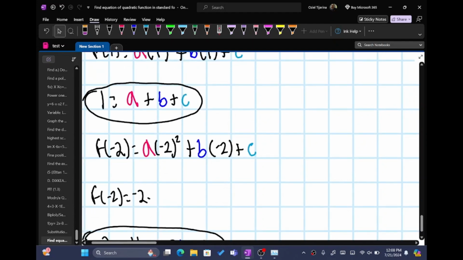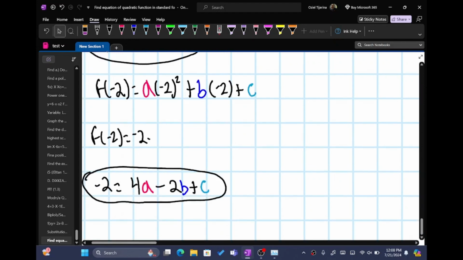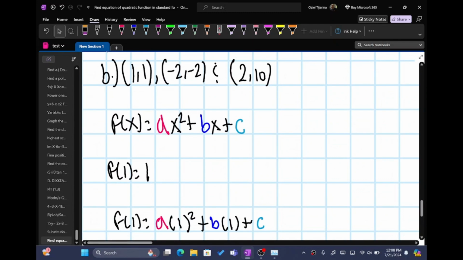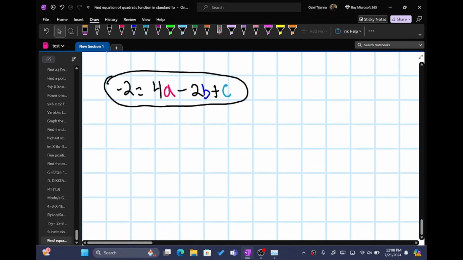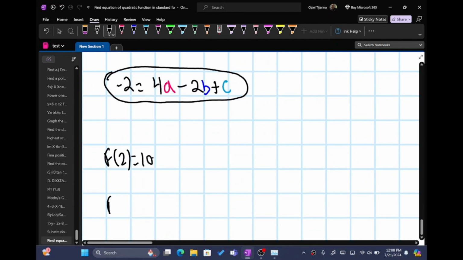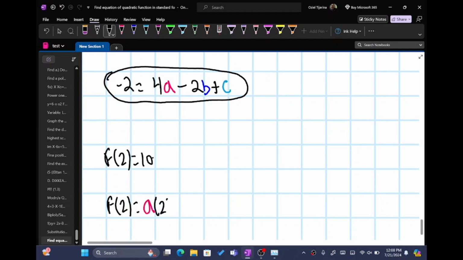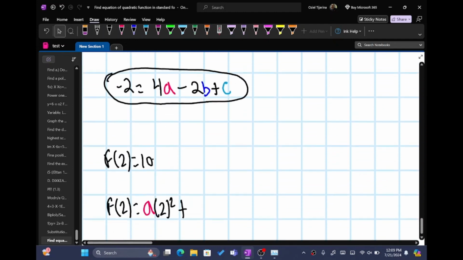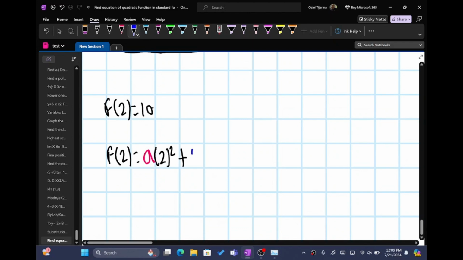And then from here, we want to do f of 2 equals 10. So f of 2 we know is equal to 10. So f of 2 is going to be a times 2 squared plus b times 2 plus c, right?